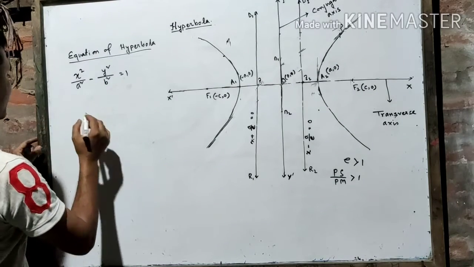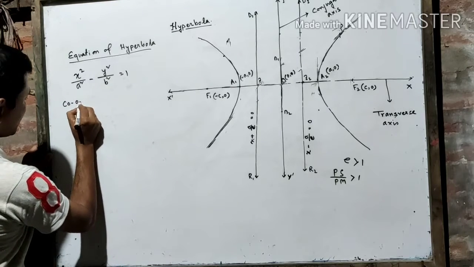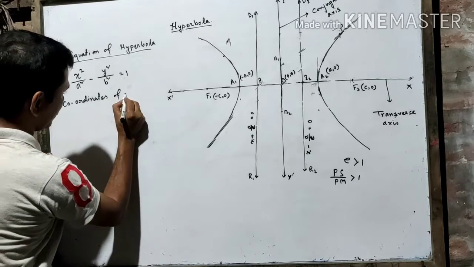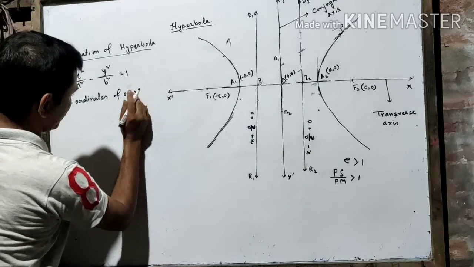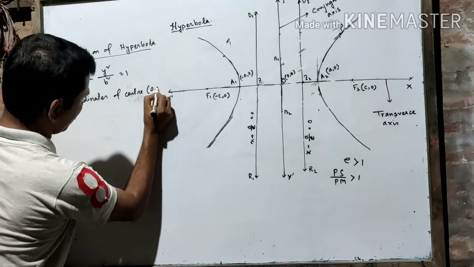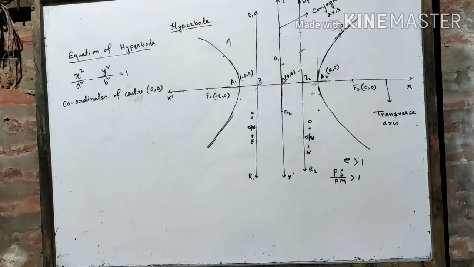First of all, let us write the coordinates. Coordinates of origin, center. What are the coordinates of center? 0, 0.